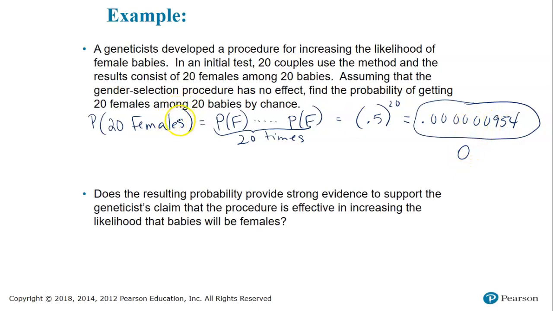So it's nearly impossible to have 20 births and get 20 females just by chance alone. So if I am getting 20 females among 20 babies being born, then it's pretty compelling evidence that this procedure is responsible for increasing the likelihood of female babies.